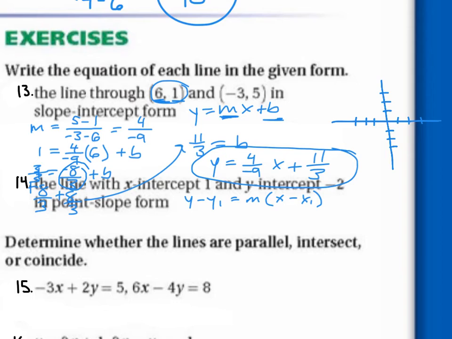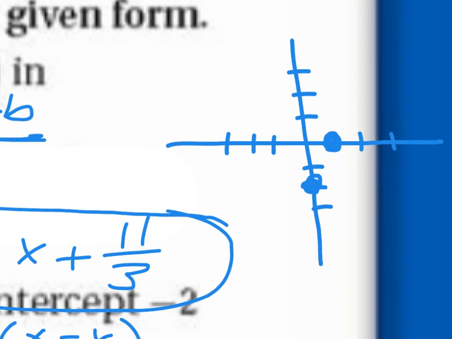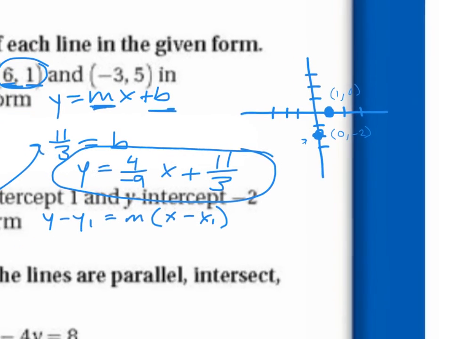Right, so the x-intercept is where it's going to cross the x-axis at 1, and it's going to cross the y-axis at negative 2. So we have 2 points on this graph. What are the coordinates for this point here? 1, 0. And for this point? 0, negative 2.